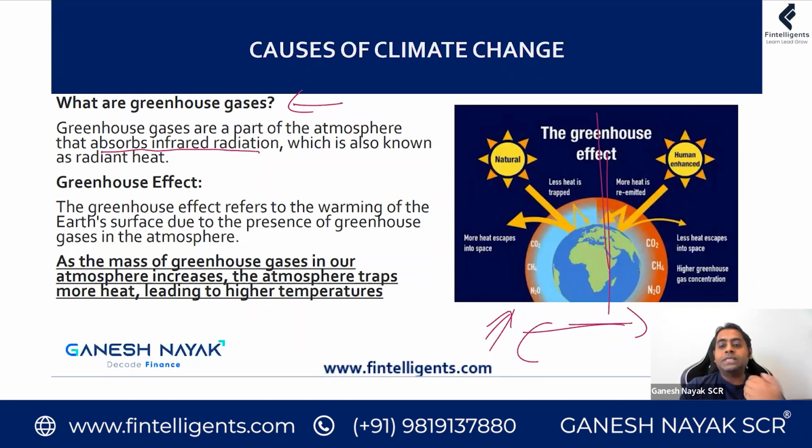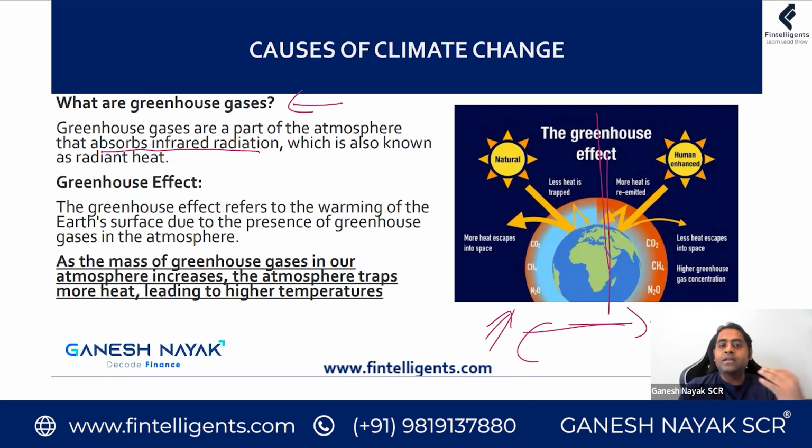But in this diagram, when there is more and more CO2, represented with the red surface, that essentially means that the quantity of greenhouse gas is very high, which means more and more heat is getting trapped within the earth's atmosphere. It is not going outside.